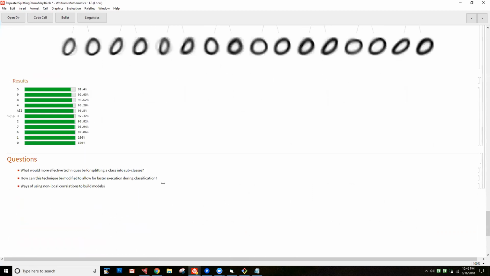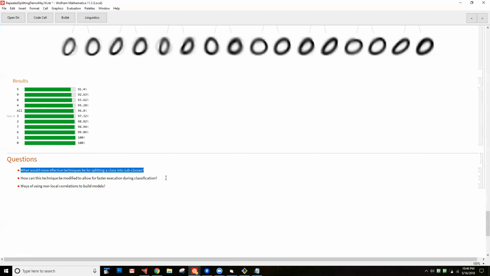So from here, 3 questions that might be interesting to further investigate are, I guess the first thing is, choosing 50-50 pixels is one way that you can create subclasses. What would other techniques be that might be more effective, and what's the theory behind techniques for this repeated splitting?